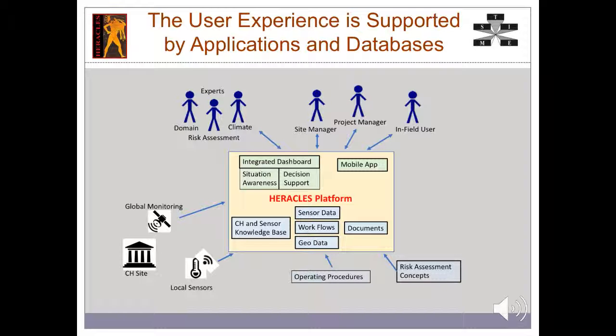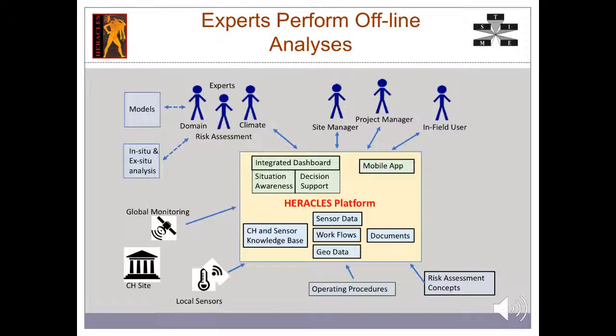There's a geographic information system there, and there's a document management system as well that helps the flow of information between, for example, domain experts who are doing analysis and site managers who are faced with making decisions. As I mentioned before, the experts perform their analyses offline with in situ and ex situ analysis and running their models. And so this is a way to help this collaboration between the specialists and the decision makers.